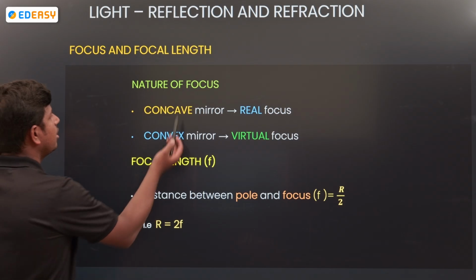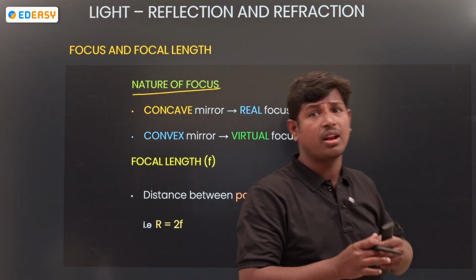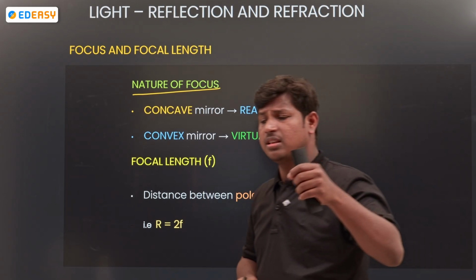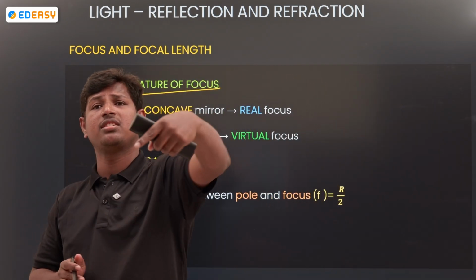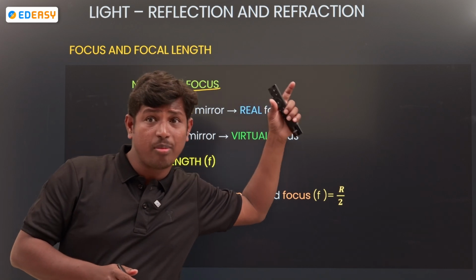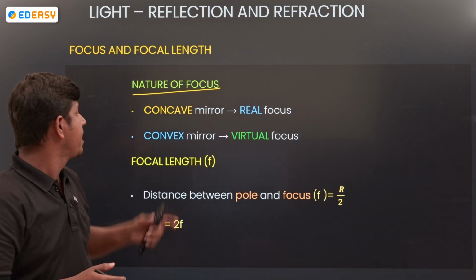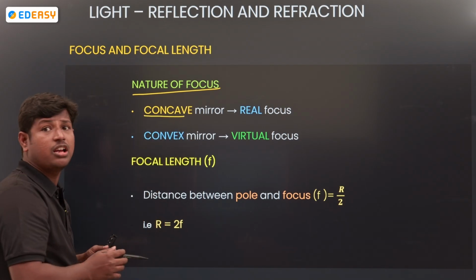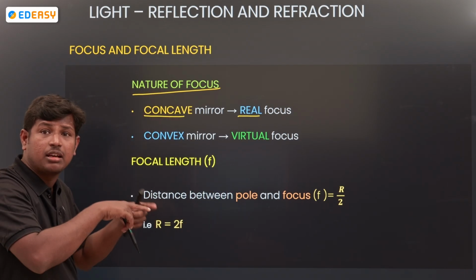Okay. Next, nature of focus. If you take a concave mirror and a convex mirror, we can understand the difference very easily. The concave mirror gives a real focus because the rays really meet at that point.